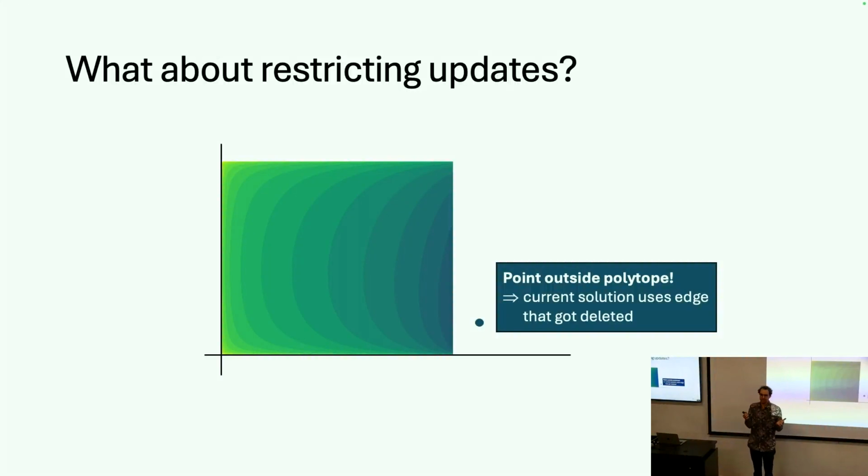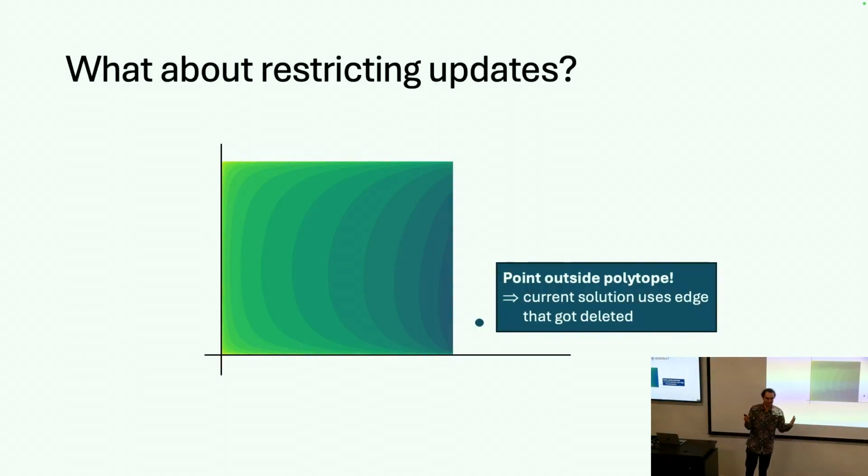And this is really bad, because previously our algorithms were built on the idea that we always have a feasible current solution and we improve it as time goes on. But now our solution is no longer feasible. Our solution lives on a graph that no longer exists. So this seems really bad, but there's a solution.